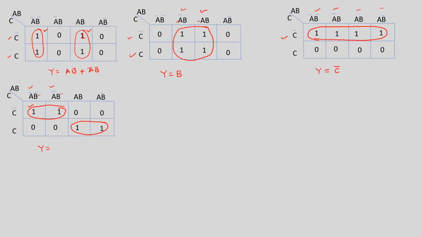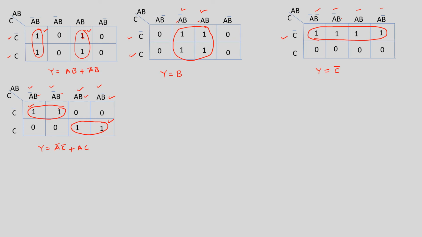So B will be removed and C bar is as it is. So answer would be A bar C bar for this pair. Plus for this pair, you can see these two ones are in these two columns where B is changing. So B is removed and A and C are kept as it is. So this is the answer for this K-map.